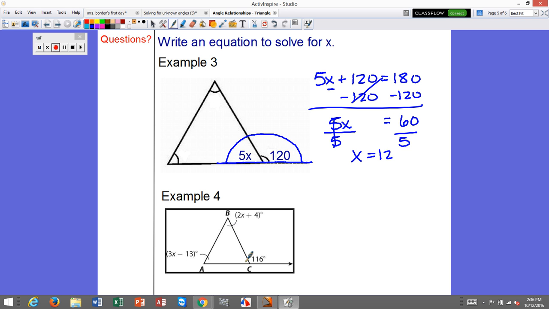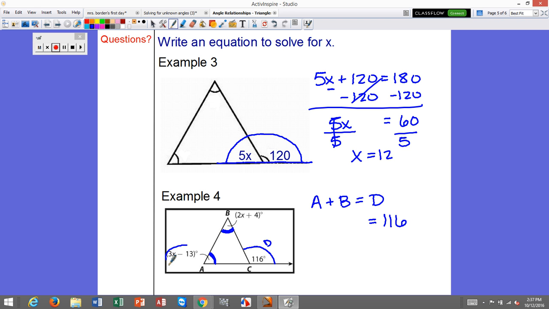Okay, in example number 4, it gets a little more complicated. This is where we're reviewing that exterior angle theorem that says that the exterior angle here is equal to the 2 interior angles added together, the 2 remote interior angles, so angle A and angle B. So we know that angle A plus angle B has to equal, we're going to call this interior one C, we're going to call this exterior one D. So it has to equal angle D. Now angle D was given to us, 116 degrees, so we can put 116 underneath that.